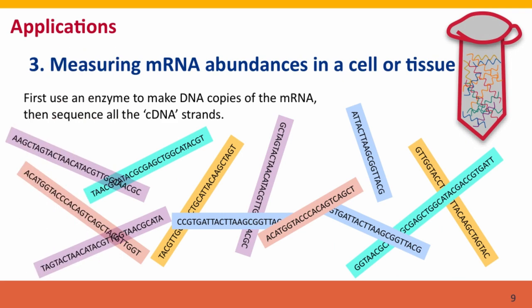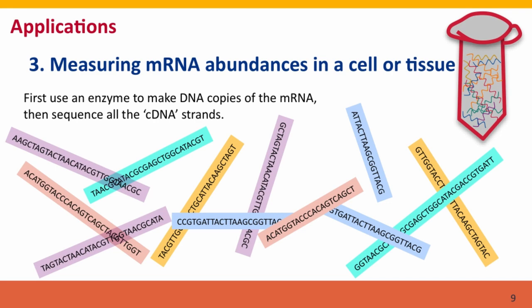The third application of DNA sequencing is measuring RNA abundances in a cell or tissue. We've known for many years that different genes are expressed at different levels, and there are different amounts of RNA for different genes in the cell, but we didn't have an easy way to measure this.